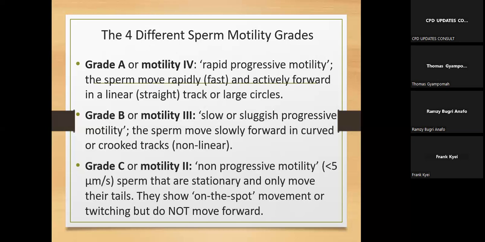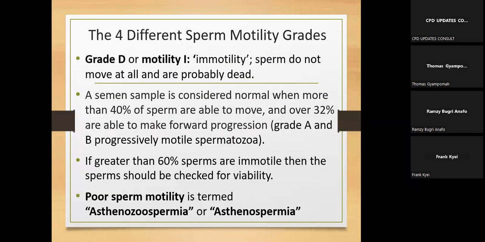Okay, right. And then you come to the last one, which is immotile. Grade D, which becomes motility 0. Immotile sperm do not move at all and are probably dead. Here, the thing is probably, but probably they are not dead.